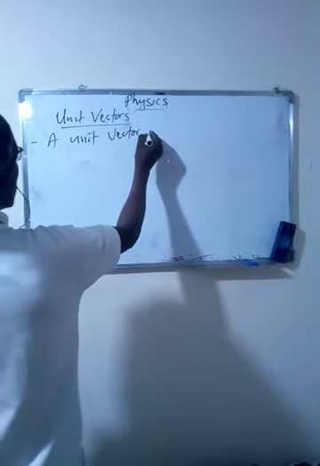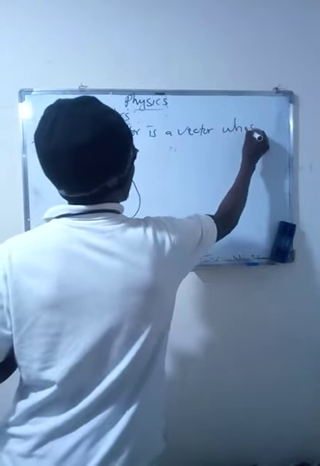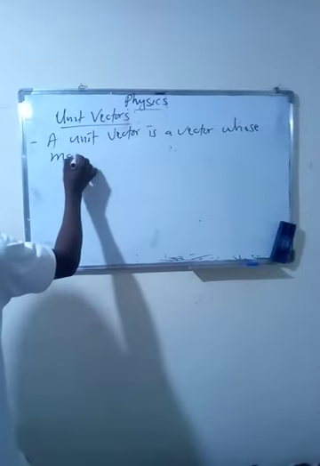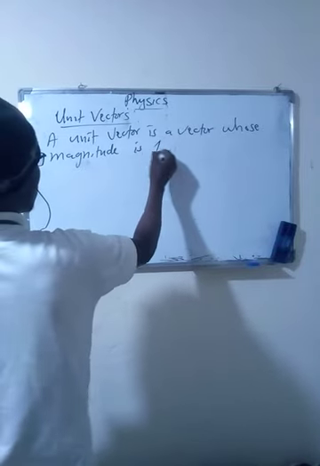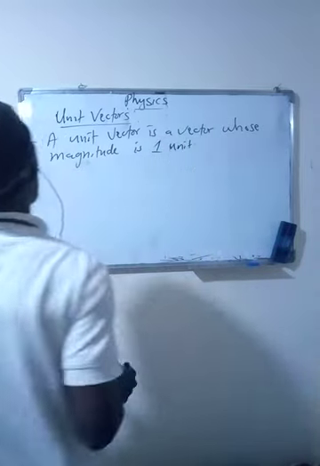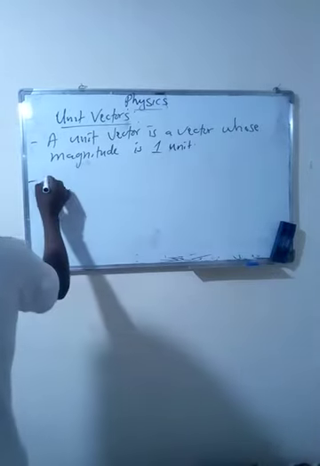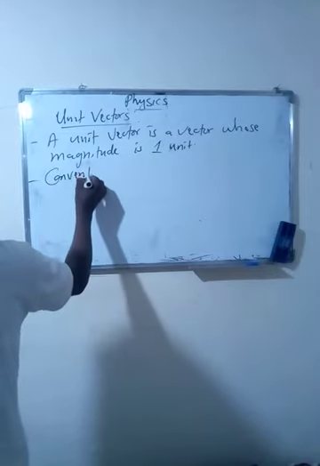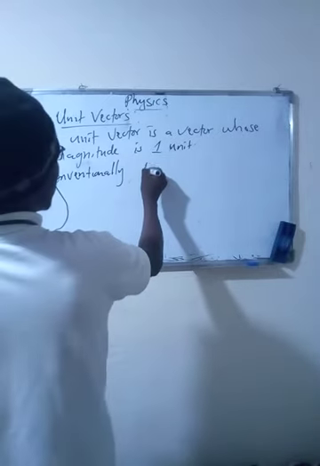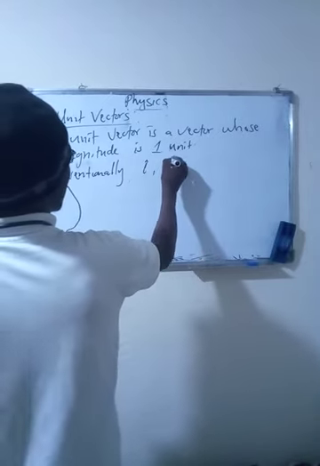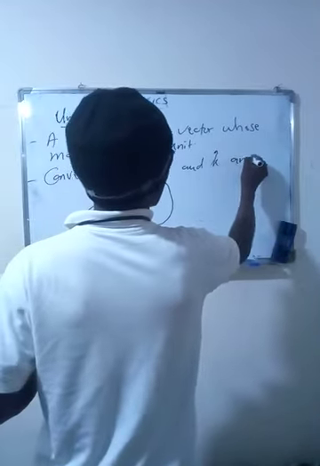Now, conventionally, i, j, and k are the unit vectors in the x, y, and z axis respectively.